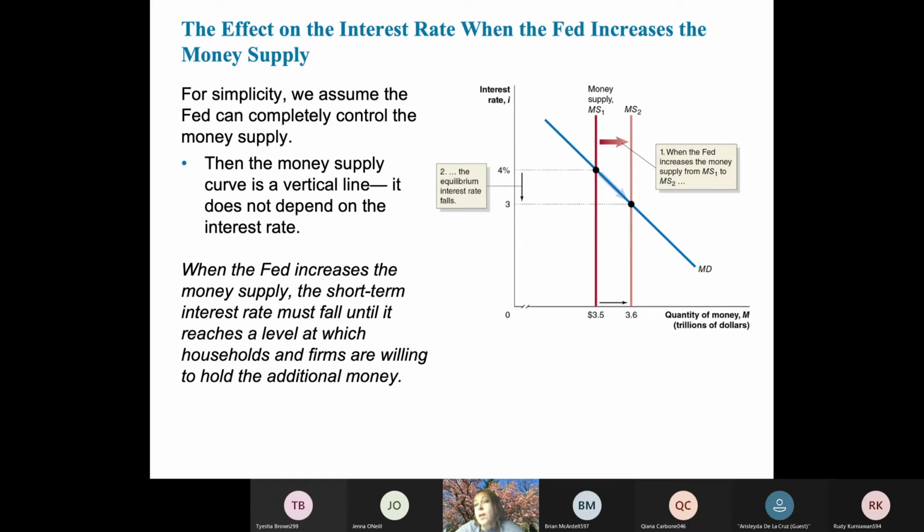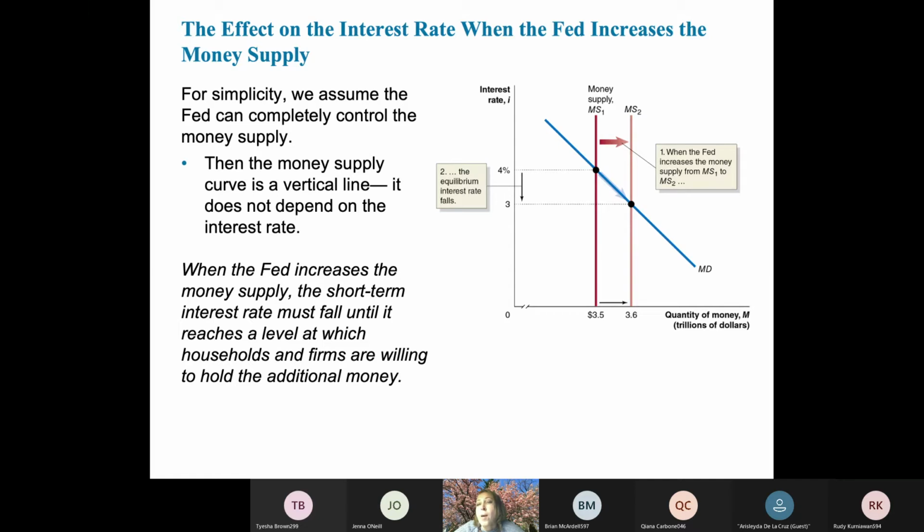And if the Fed wants to increase the money supply, they will use open market operations. What do they do? They're going to buy bonds from the banks in exchange for money, so that banks can lend out more. That will increase the money supply in the economy, and as a result, interest rates will go down.